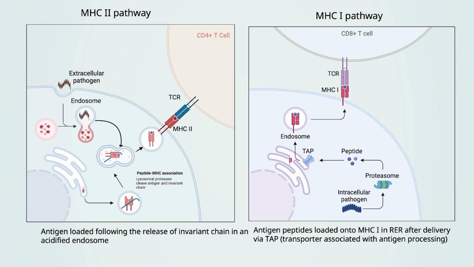The only way to destroy or release the invariant chain, which is attached to MHC2, is by acidification. Now, if there's a problem in acidification, the invariant chain will keep on blocking the loading of the antigen into MHC2. So, the interaction between MHC2 and CD4 T cells will be affected. So, this is how they ask questions in USMLE Step 1.